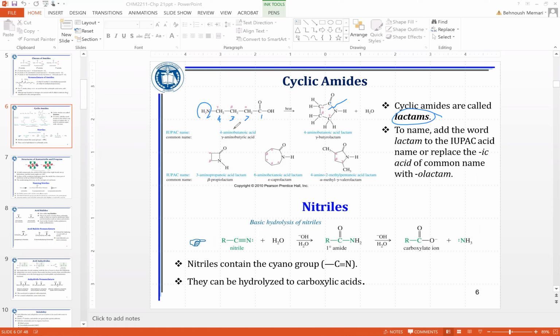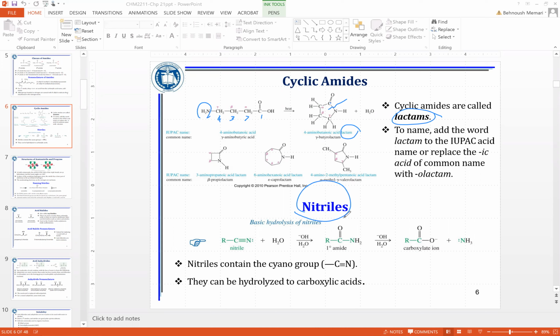So it's a 4-aminobutanoic acid. So when you have the cyclic lactam, you would say 4-aminobutanoic acid lactam, just like cyclic esters. But there we have lactone. For amide, it is lactam.